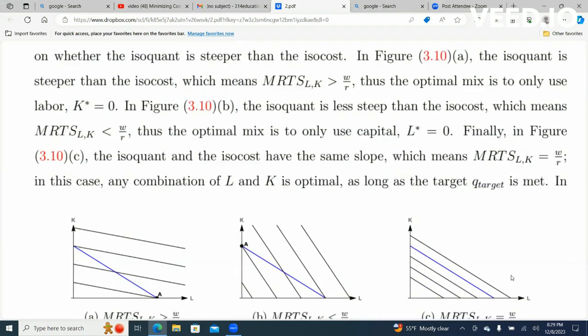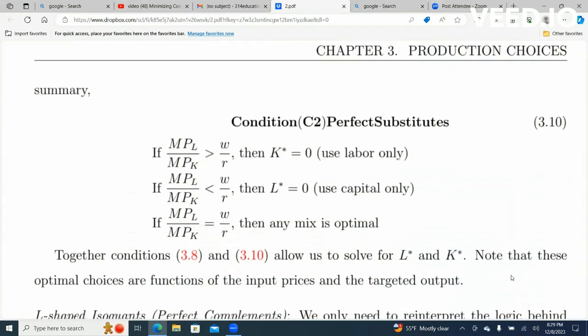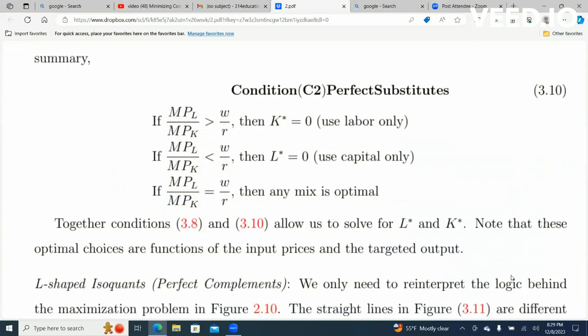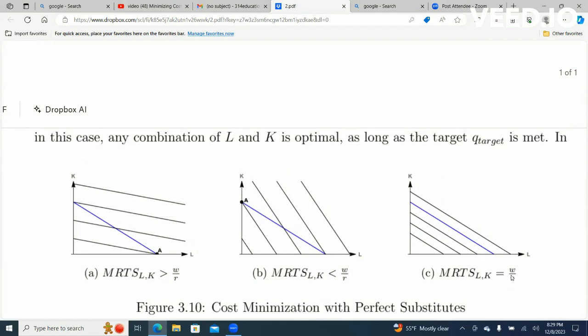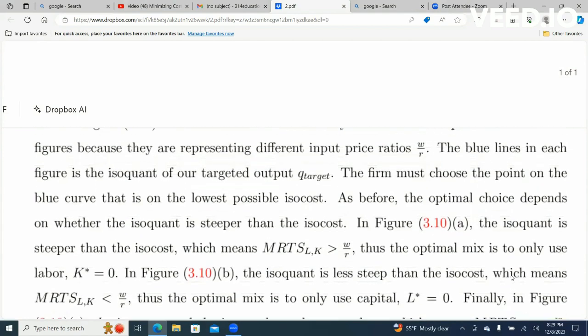What they're going to do through this paragraph is derive basically the three possible situations. All of them are condition two for the linear, the three possible situations that we have for the linear when you compare the isocost and the isoquant. So let's just kind of take a look.